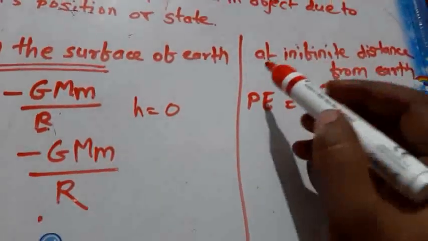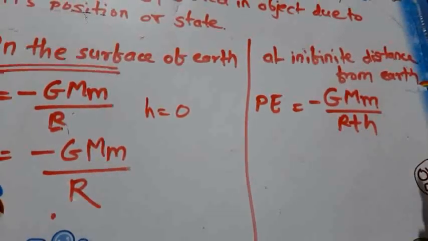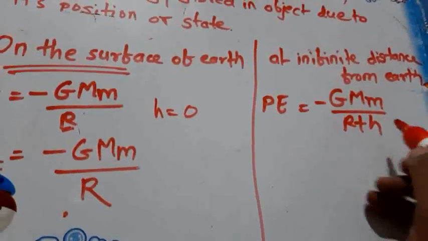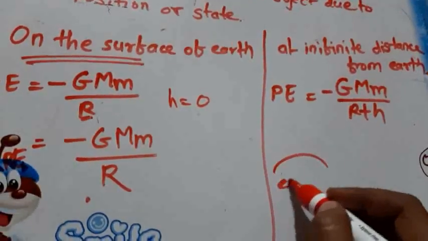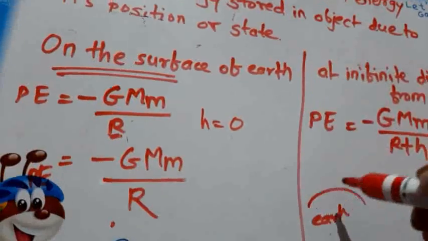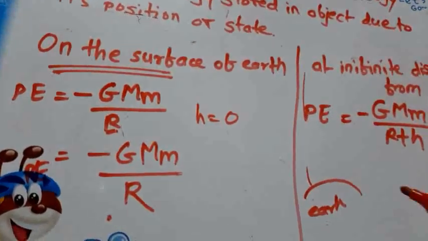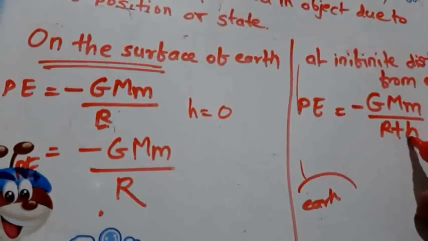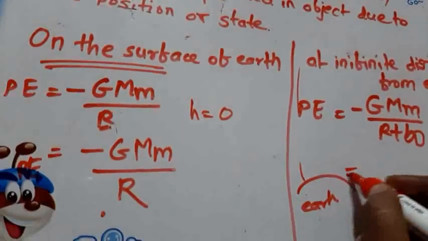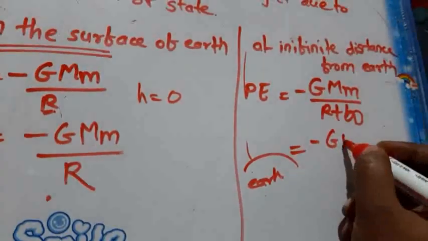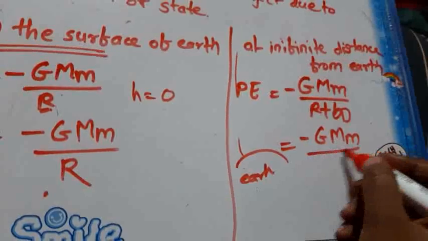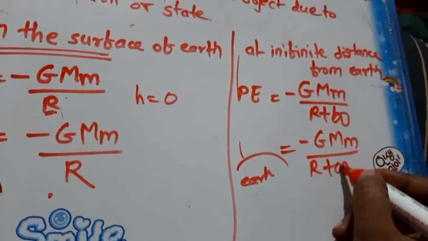The second case is at infinite distance from the earth. Infinite distance means the object is very far away from the earth surface. So for that we have to take h as infinity. So minus GMm divided by r plus infinity.